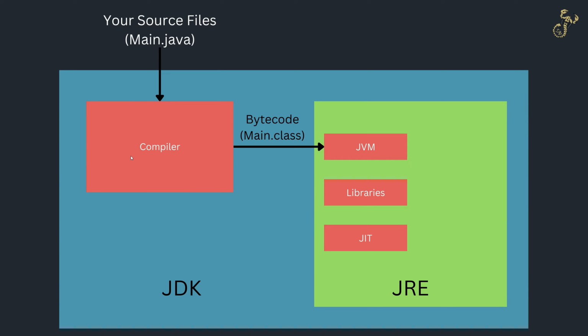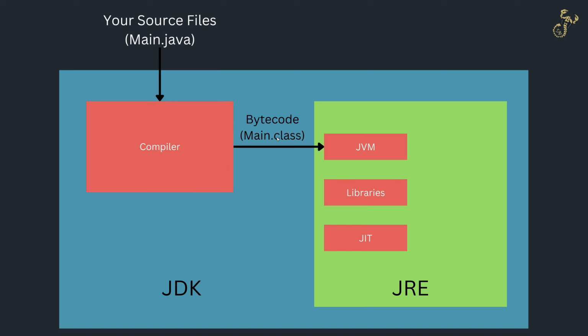With that being said, let's now try to understand how a Java program gets executed. So every time we press run inside IntelliJ, our source code, in our case main.java, is sent to the compiler. And as you can see, the compiler is part of the JDK. The compiler then compiles the Java file into a bytecode file, or a main.class file.